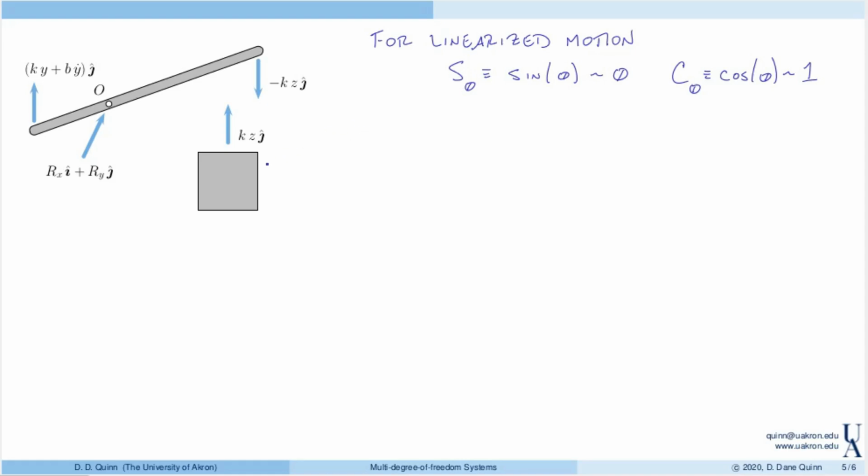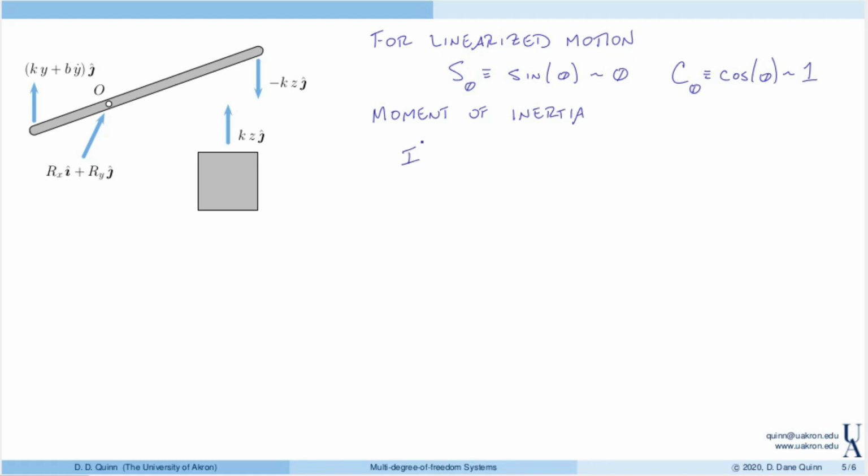Now when we apply momentum balance, we'll apply angular momentum balance on this bar about point O, since it's fixed in the ground. So we need the moment of inertia about point O.